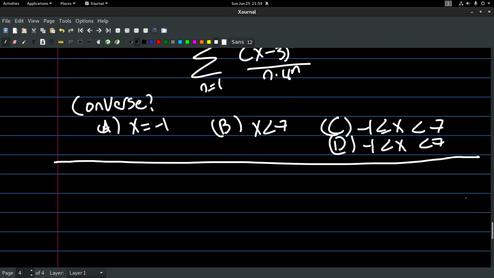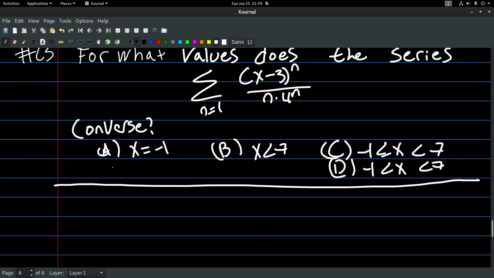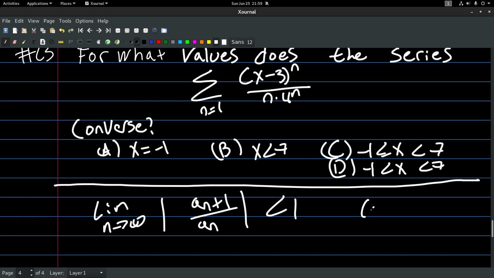So we're going to use the ratio test. The ratio test says if we let the limit as n goes to infinity of a_(n+1) over a_n is less than 1, it converges absolutely. Therefore, converges.